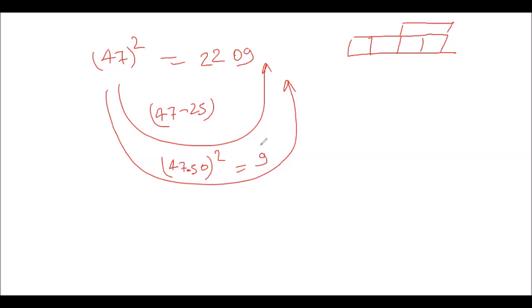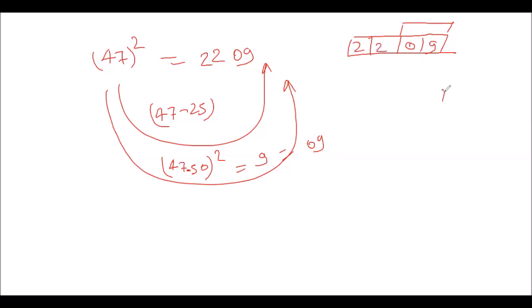So here we are getting only 9. So 9 can be written as 09. The first two digits are going to be filled here. Here we are getting only one digit, so adding 0 on the left side. So we can write here 22.